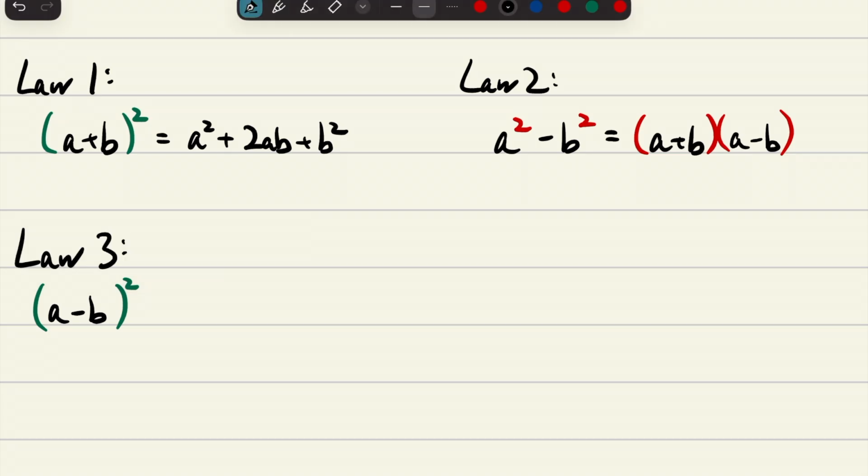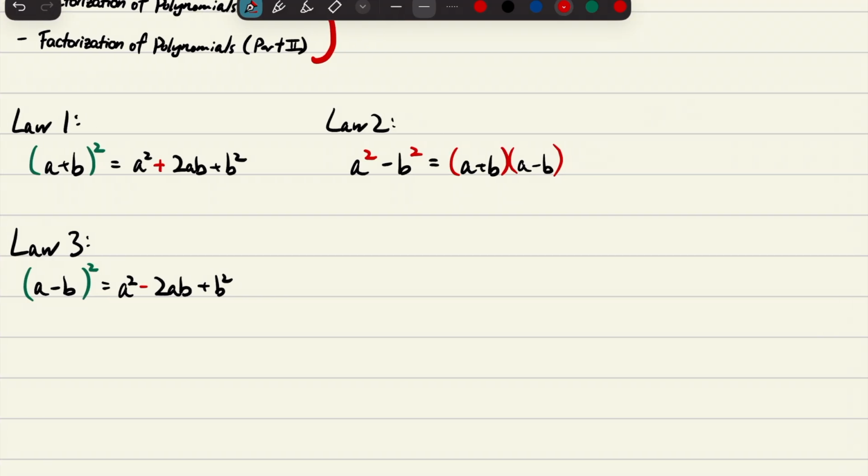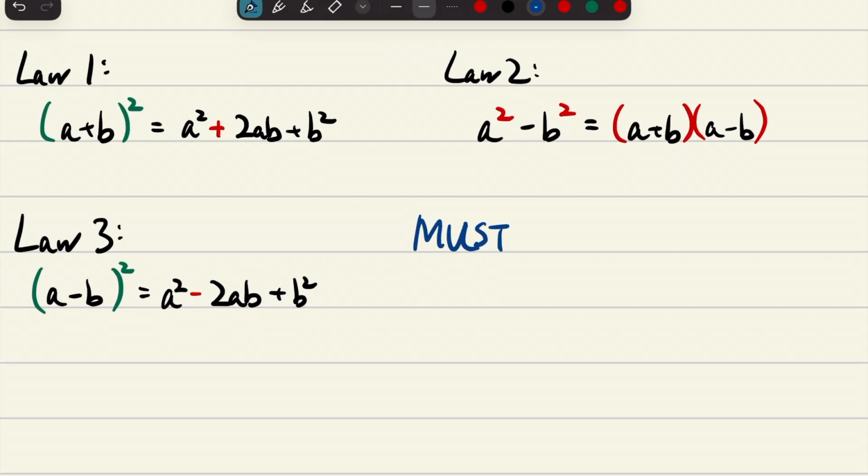So this actually equals a squared minus 2ab plus b squared. So remember, there's a minus, there's a plus here, and there's a minus there. So these three are the must-learn laws for grade 10 math.